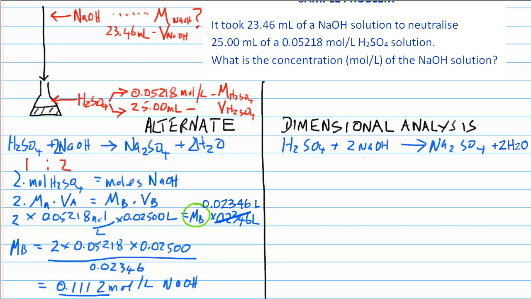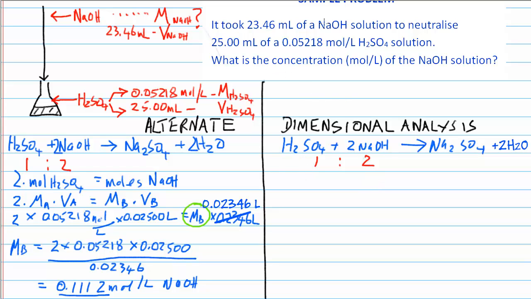And of course, as always, we get from that the stoichiometry of the reaction, as before, is 1 to 2. So as is always the case in the dimensional analysis approach to these types of problems, titrations, we have to determine the number of moles of one of the reactants and then convert that to moles of the other reactant via the stoichiometry of the reaction.